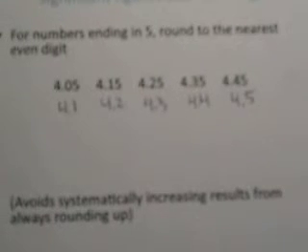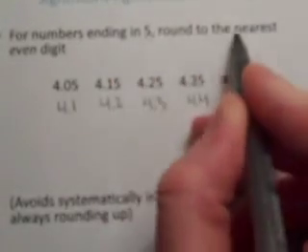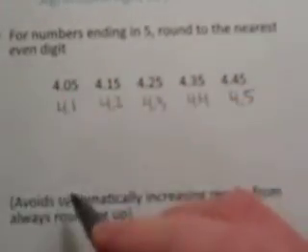But think about this, if you had an extremely large data set with hundreds or even thousands of values, and you rounded every number ending in 5 up, that would end up artificially inflating your data if everything always gets rounded up. So one technique we can use to avoid that from happening is if the number ends in 5, round to the nearest even digit.